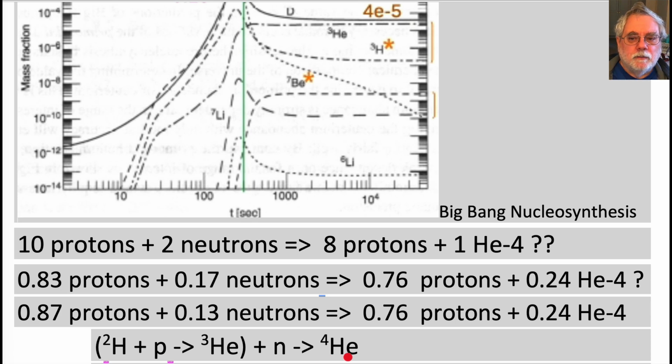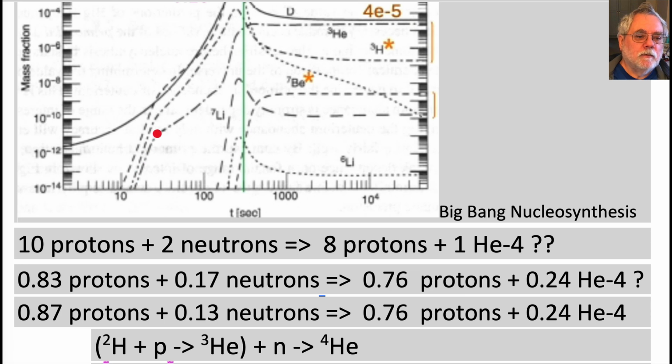This is the most probable reaction because so many protons are available. But this only works for a short period before the temperature drops too low to overcome repulsion.